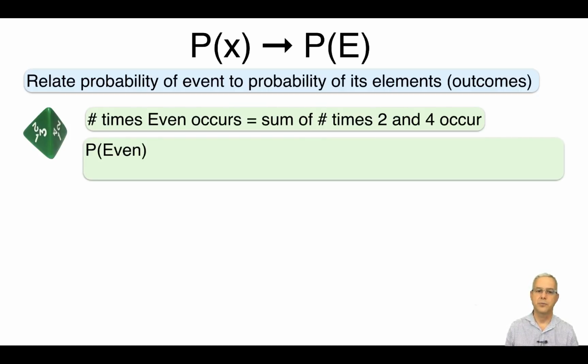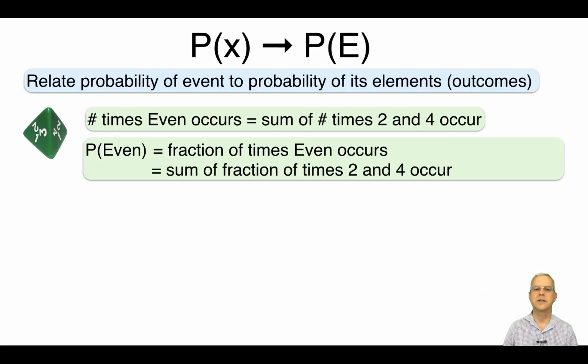And therefore, the probability of even, which is going to be the fraction of time that the even occurs, is just going to be the fraction of times that 2 occurs plus the fraction of times that 4 occurs. But the fraction of time that 2 occurs is the probability of 2, and the fraction of time that 4 occurs is the probability of 4. So the sum is just going to be P of 2 plus P of 4. So in other words, for the even event, the probability of even is going to be the probability of 2 plus the probability of 4.